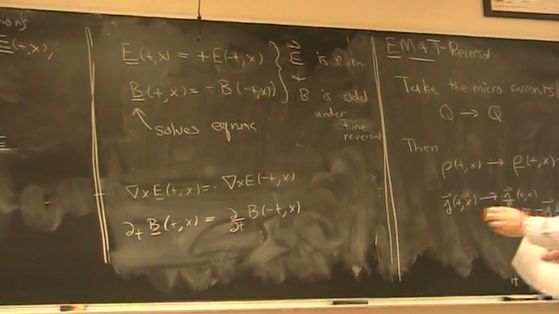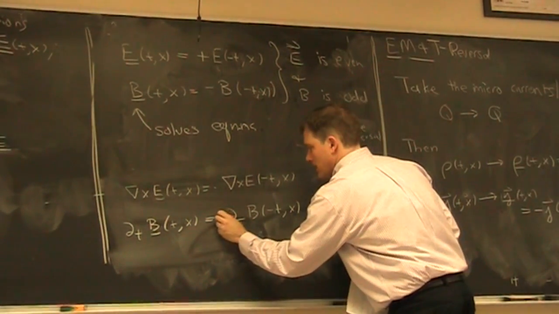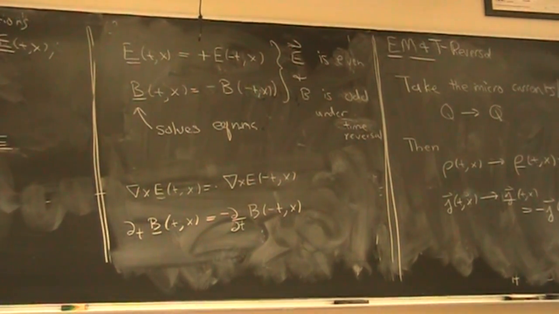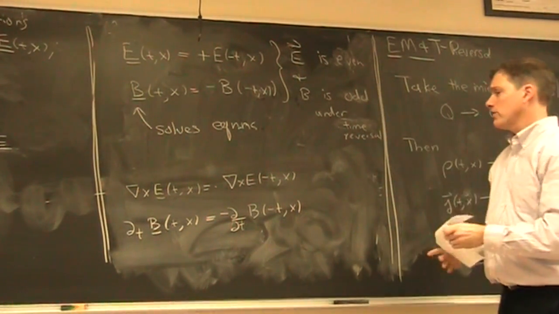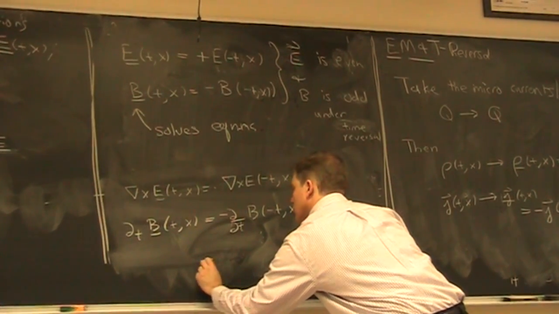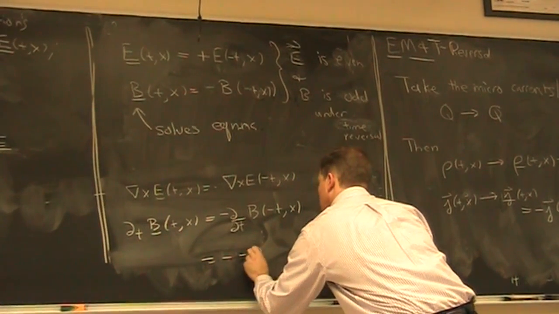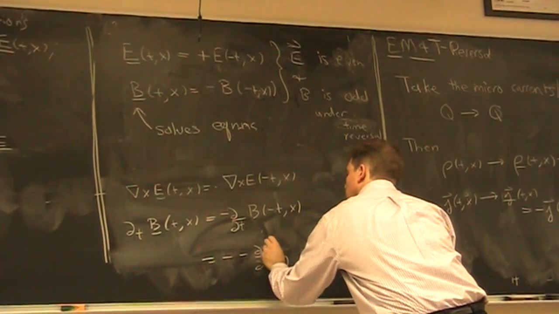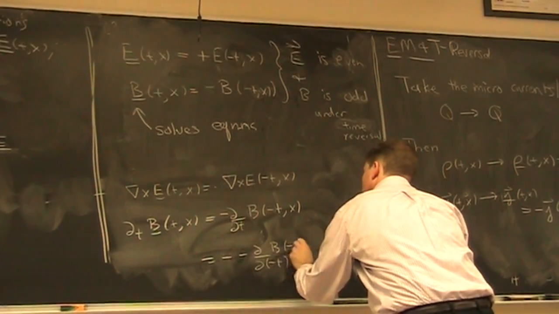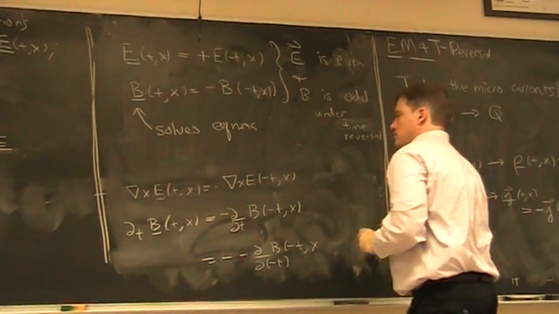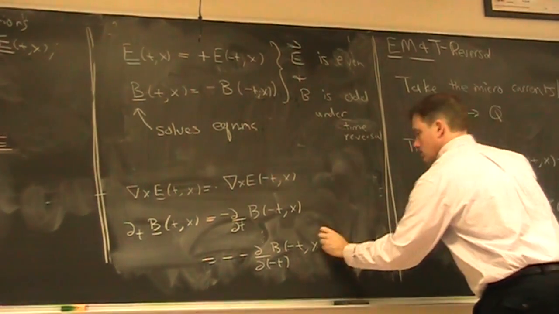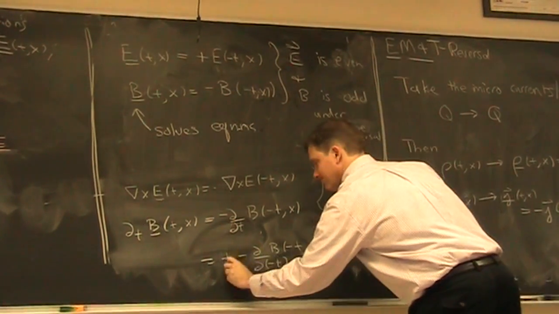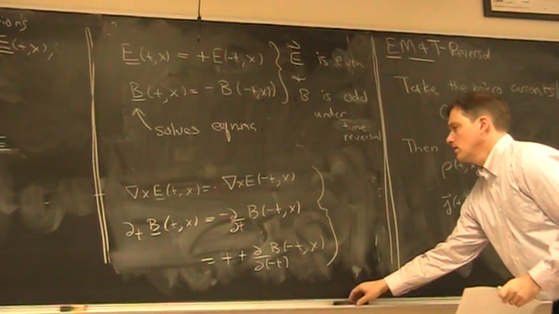And B is odd, so there's a minus sign there. B is odd under time reversal. So now you can replace it with the derivative of minus t, E of minus t, which gives you a plus.